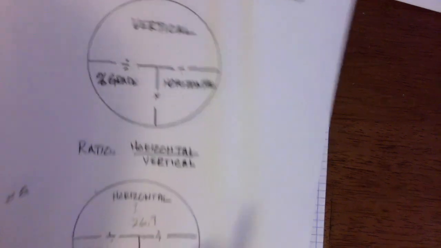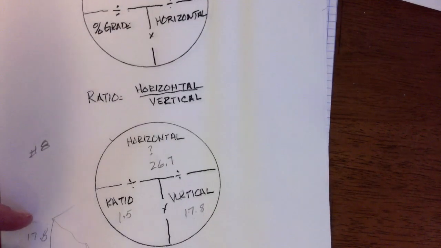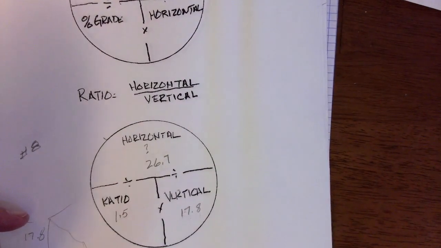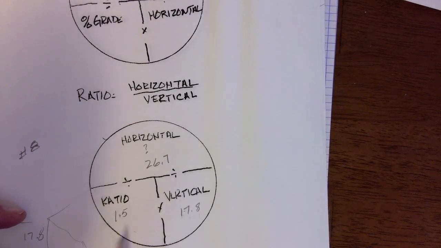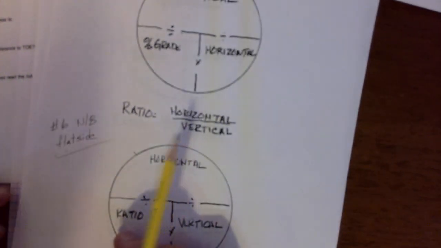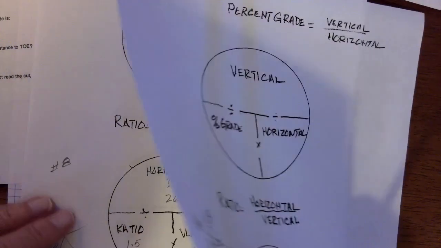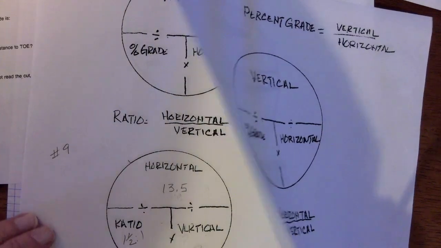Yeah, this is it, 26.7 right here. That's number 8. Number 9 was the one we were on. I haven't done that yet. Oh, that's that irrelevant one. I guess we're done. Hallelujah.